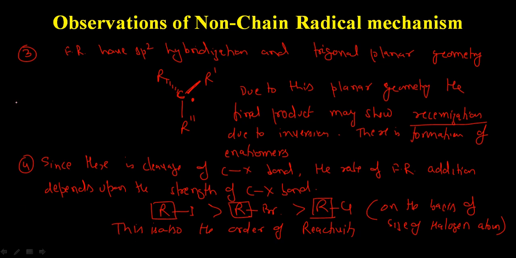One point is there: the free radical mechanism is much faster than the SN2 mechanism. So the reactions which follow the SN2 mechanism are slower than the reactions which follow the free radical mechanism.